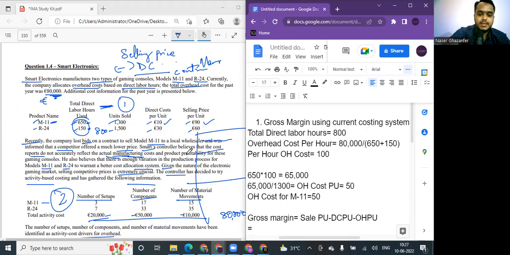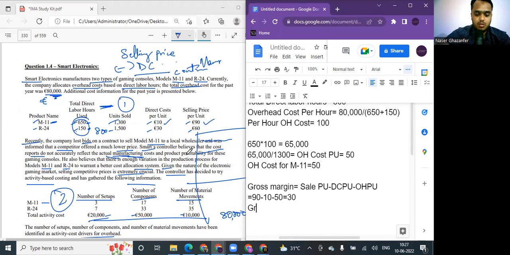Selling price is 90 minus my direct cost of 10 minus my overhead cost, which I just calculated, 50. This equals 30. So my gross margin for M11 is equal to 30. Is that it? Gross margin is equal to 30.